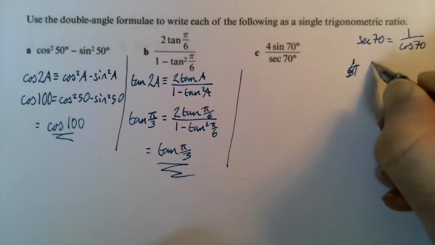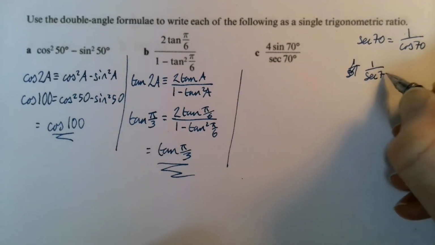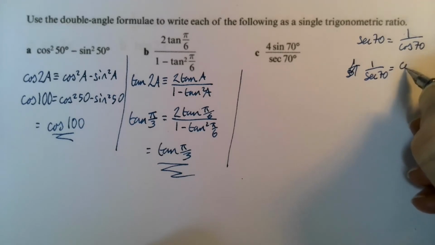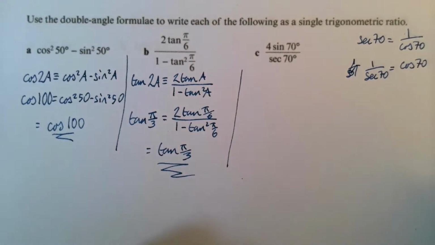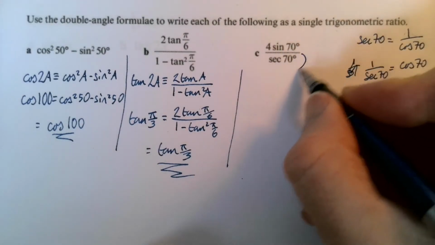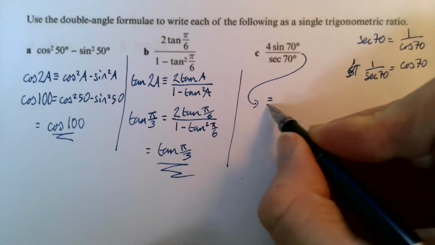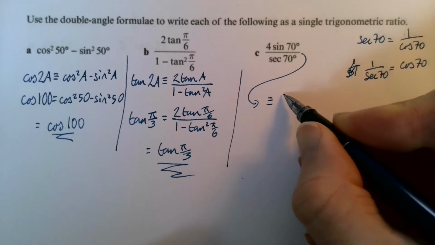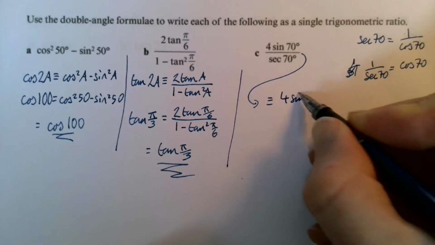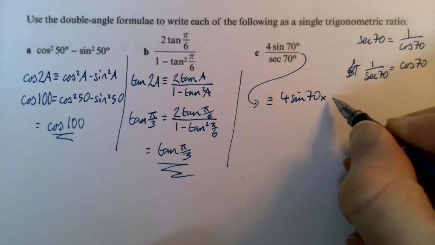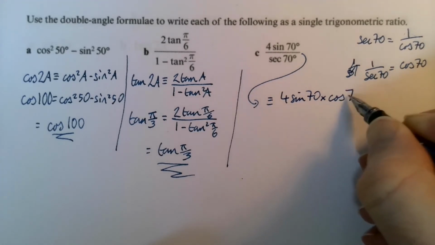Well, that would mean that 1 over sec 70 must equal cos 70, mustn't it? Because it's the reciprocal. So we're just turning it upside down.